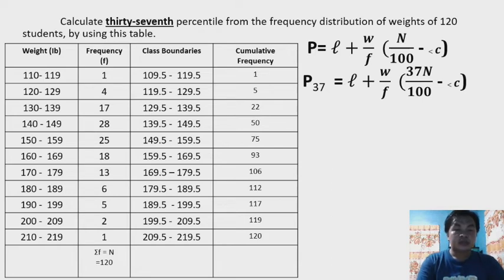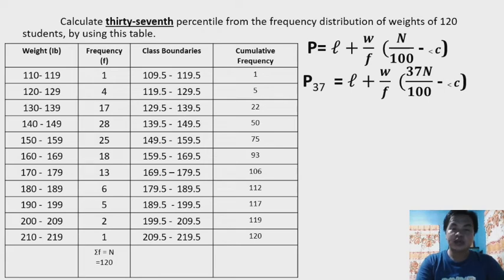So weight 140 hanggang 149 pounds at may frequency na 28 at may lower boundary naman na 139.5. At ang value ng C or the less than cumulative frequency ay 22 dahil siya ang less than cumulative frequency ng 50. At ang N naman ay ang total number of frequency which is 120.